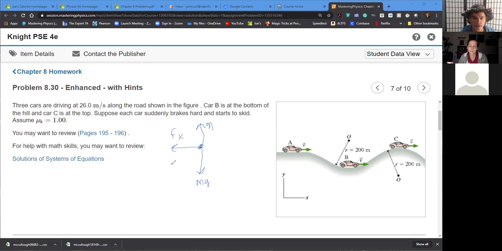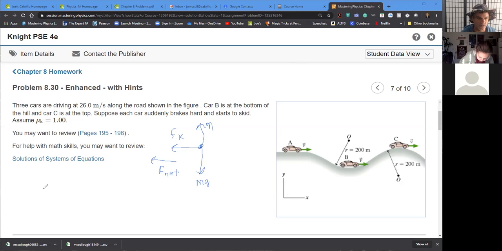The net force in this case would be acting to the left, because it's decelerating because it stopped. Correct. This is with hints, and they want to know the tangential acceleration of A.